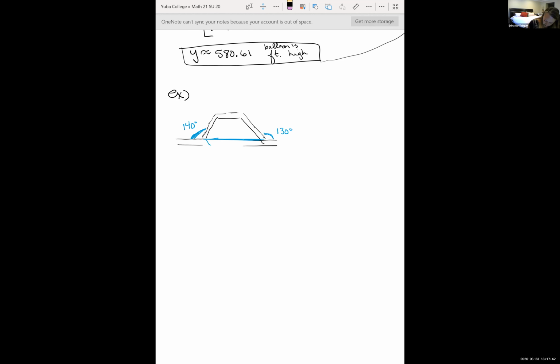This right here is given to be 3 miles. And we're given that this distance in here is 1 mile. What is the length of the highway?